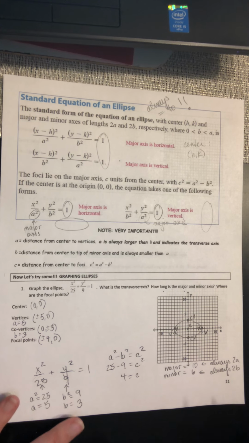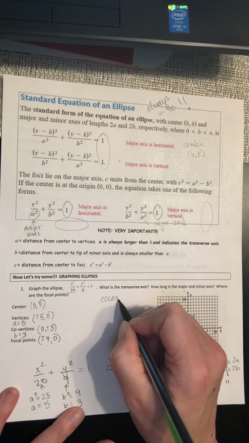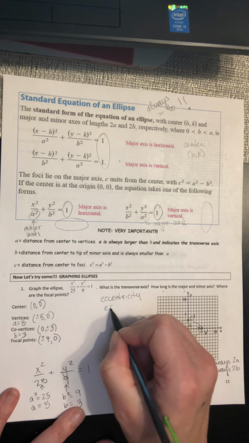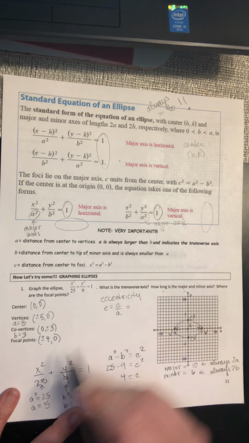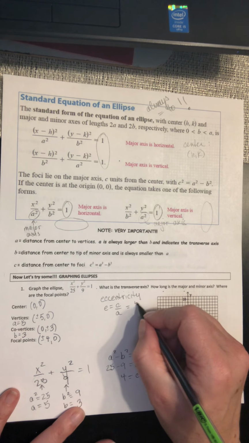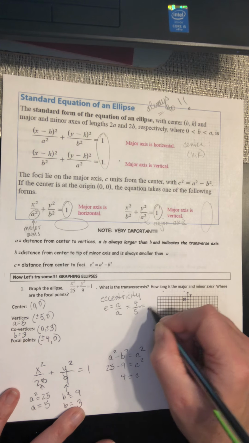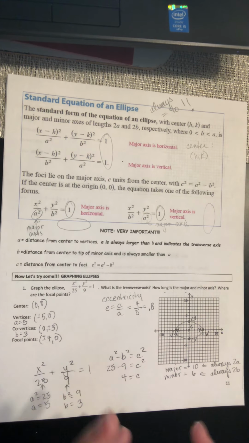And then last but not least, you can see this guy is kind of stretched out. So if I look at my eccentricity, it's going to be c over a. C is 4, a is 5, so this is 0.8, which is pretty close to 1, so that means it's not really close to a circle.